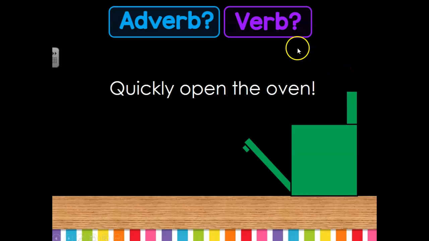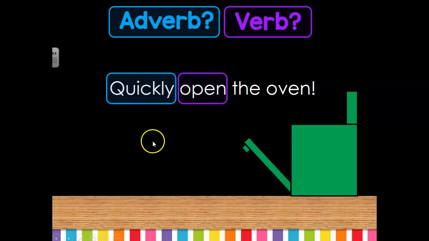First, boys and girls, what's your verb or action word? Open. How, when, or where did we open? Quickly, it tells how. There you go. Quickly is your adverb that modifies open.